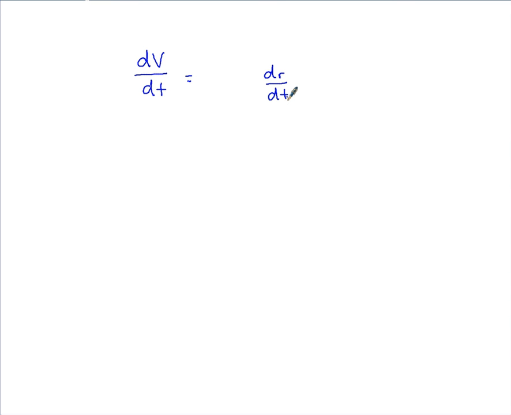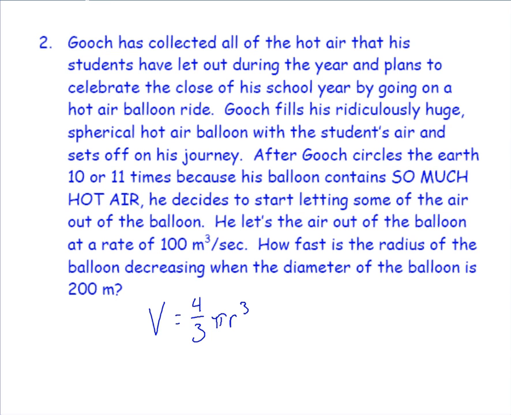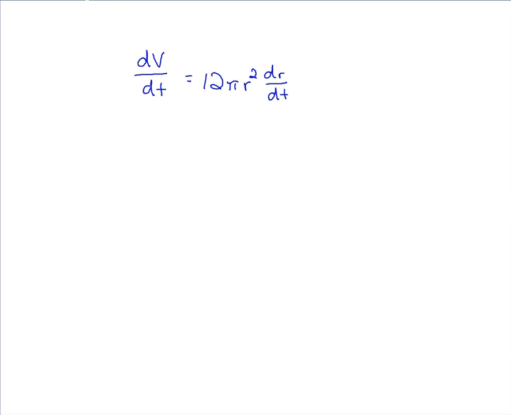Bring down the 3, multiply to the 4 pi, you get 12 pi r squared. Oh, it's 4/3, sorry. If you bring down the 3, it's 4 pi r squared. Okay? So this one's a little nicer because, hey, you got a set formula. You just take the derivative with respect to time.